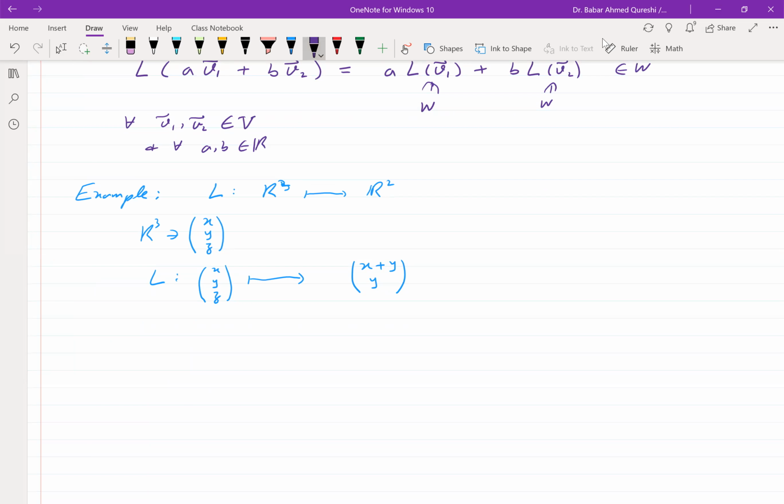Now we want to check if it's linear or not. So what you need to do is apply this linear transformation to a linear combination of two arbitrary vectors in R3 multiplied with numbers.